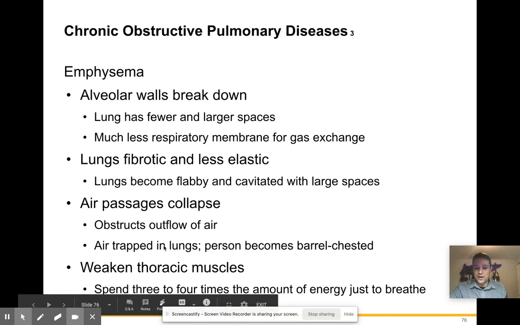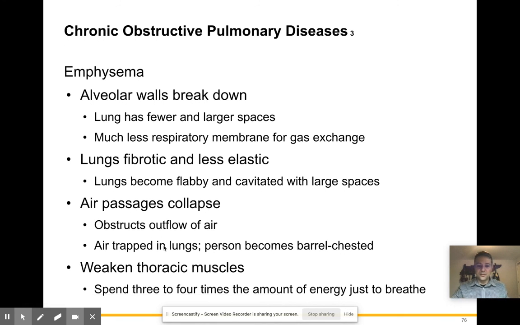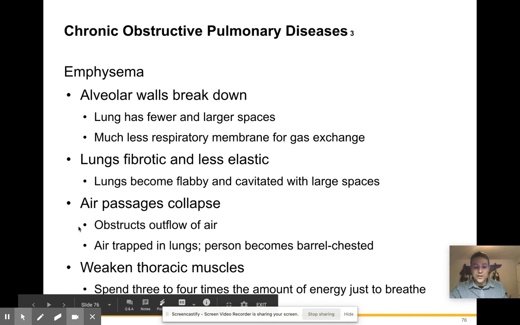And when air becomes trapped in the lungs, the person can become barrel chested. Okay, the size of their chest is increasing. The volume isn't necessarily increasing, but the size is increasing because the air keeps getting trapped. It can't get out of the lungs. This is also going to weaken the muscles of the thoracic cavity.